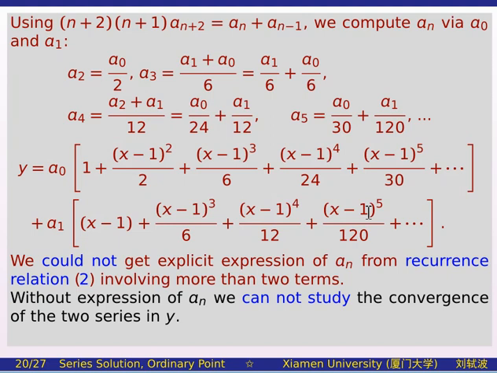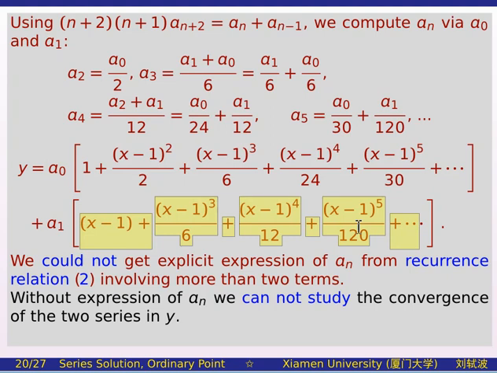Okay, because we do not have the expression for an, we cannot study the convergence of these two solutions. This is y1 and this is y2. We cannot study the convergence of these two series and find the radius of convergence. We could not do this without the expression of the coefficients an.